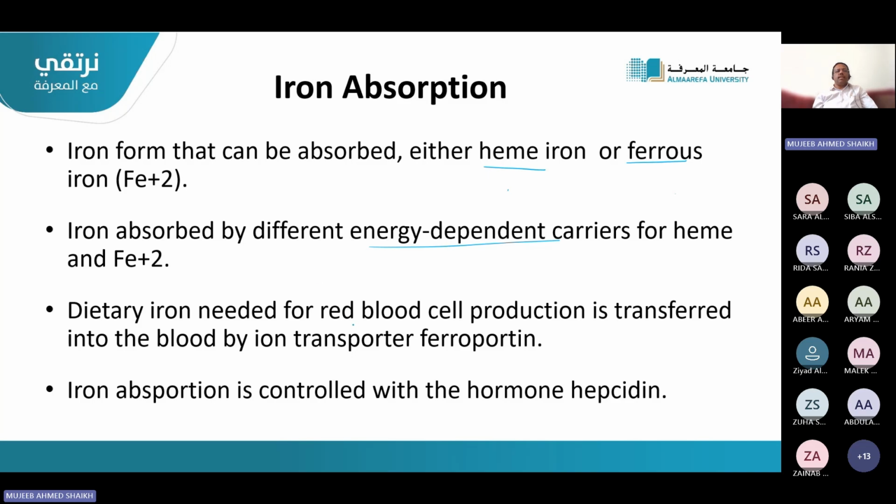One thing should be clear: dietary iron needed for red blood cell production is transferred into the blood by the transporter protein called ferroportin. Iron absorption is controlled by one hormone. We call it hepcidin. Have you heard about hepcidin?